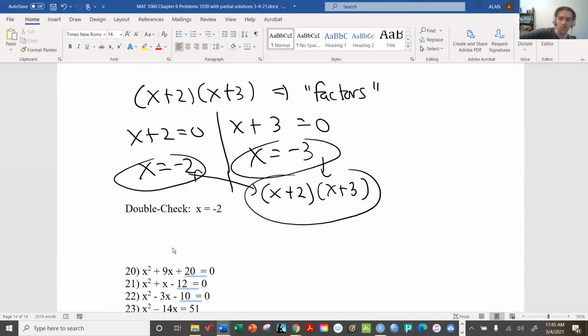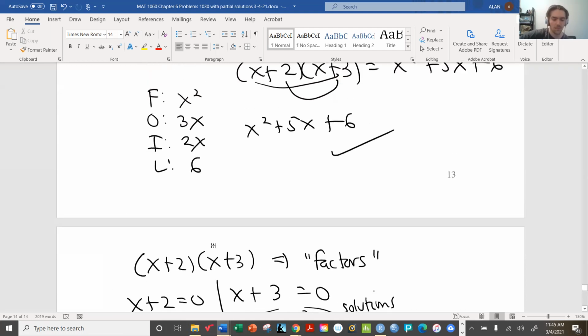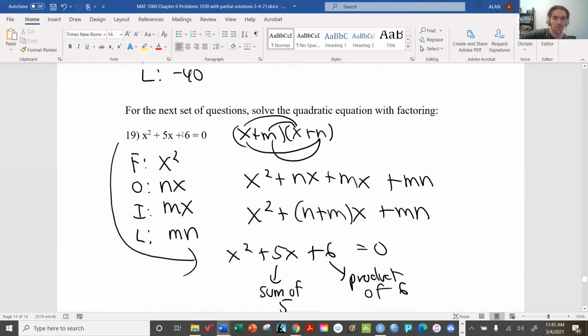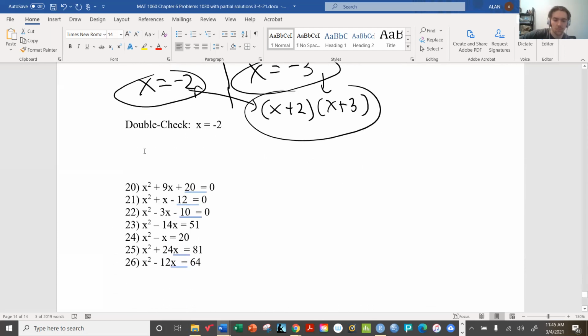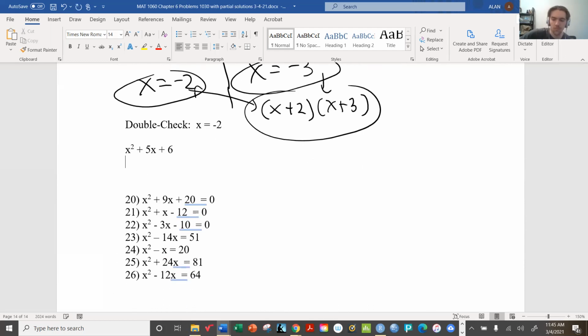And -2 and -3 are the solutions. And the reason why they're called solutions, and we're going to prove that right now, is that if you plug them into this original equation, you should get 0. And so we're going to prove it. Okay, let's do that. So now what I'm going to do is replace all the x's with -2's.